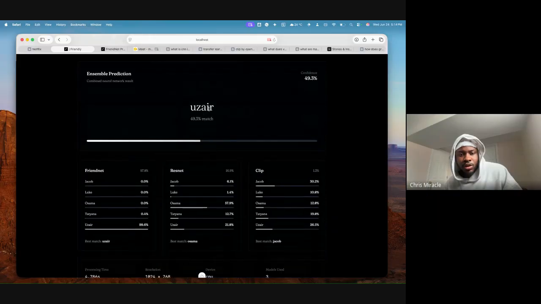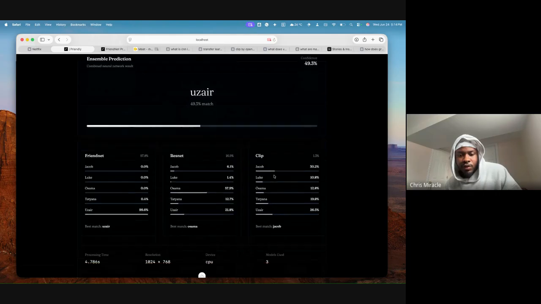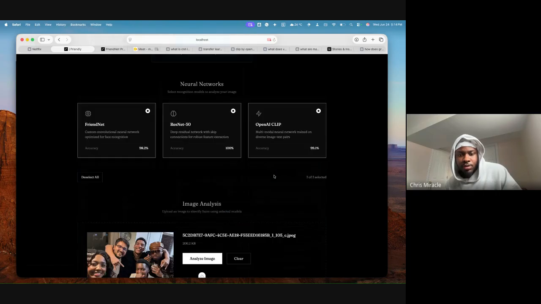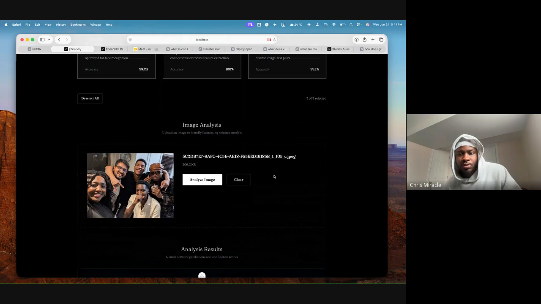It gave Uzaya as the ensemble prediction, but among single models, Uzaya 96%, Osama has the most here, and Jacob has the most here. But you see, CLIP managed to catch our faces. There's a certain percentage for everyone's face in the prediction from CLIP. That means CLIP is the most accurate when it comes to group image classification.